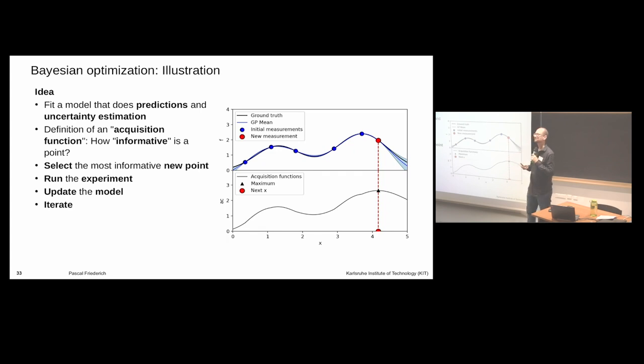You have a question? Pascal, what's the difference between Bayesian and other algorithms for optimization like PSO and genetic? That's very easy with data efficiency. Yes, exactly. I will get back later to your question.